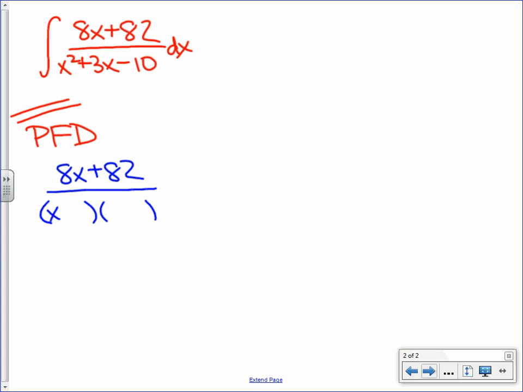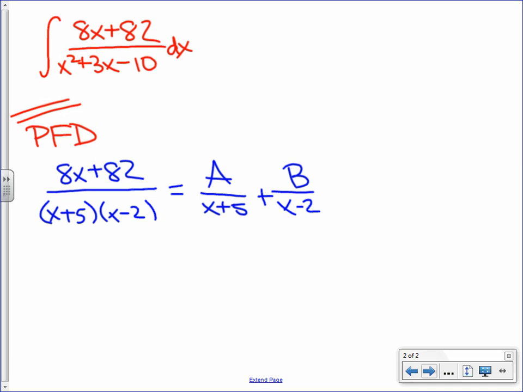So this is going to be a constant over x plus 5 plus some constant over x minus 2.